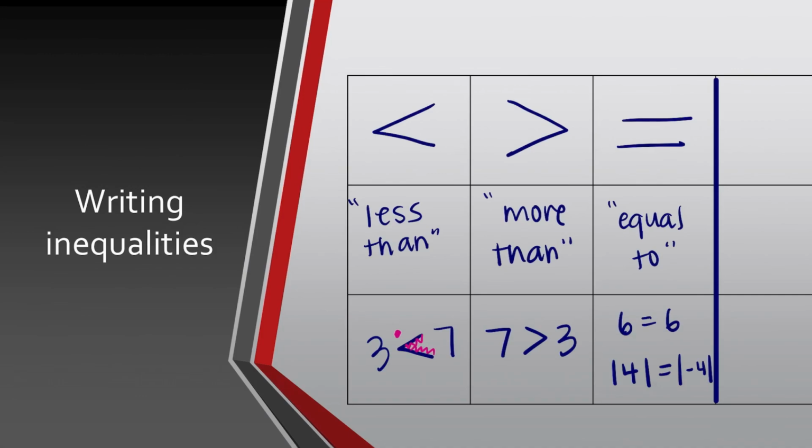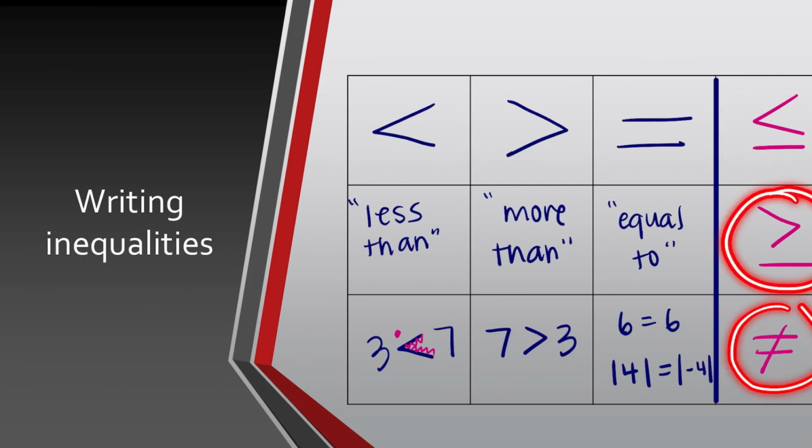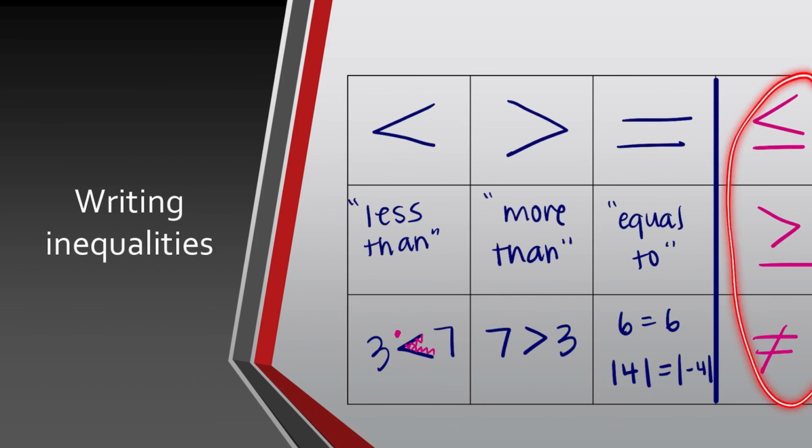There are 3 other symbols that you should be familiar with, and they're really just built off of the other symbols. This means less than or equal to. This means more than or equal to. And this means not equal to. We won't really see them in this lesson today, but we'll see them in other places where you're allowed to have it equal to each other. So for example, let's say you're at a restaurant and it says kids 2 and under eat free.